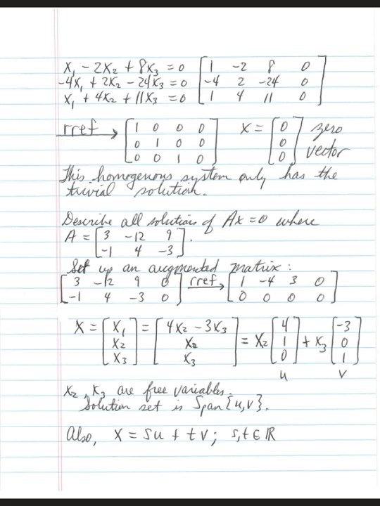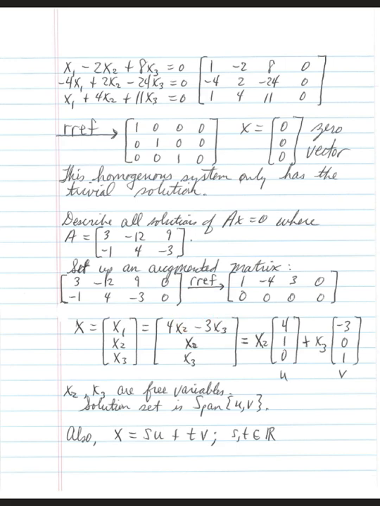x1, x2, x3. x2 and x3 are both free. x1, which has that pivot here, is positive 4. Remember, this is equal to 0, so that's positive 4x2 minus 3x3.